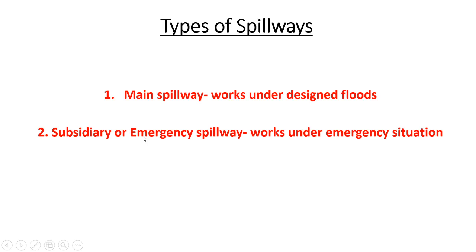At that time, we can't operate the main spillway because there will not be a sufficient amount of water up to the designed water level. In this condition, we must take water outside through the emergency spillway. So, the emergency spillways are normally located at a lower elevation than the main spillway at the upstream portion of every dam.